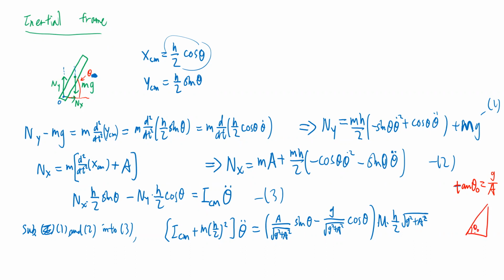If this is theta naught, then this is G, this is A, and that is the square root of A squared plus G squared. So this thing is cosine theta naught, and this thing is sine theta naught.